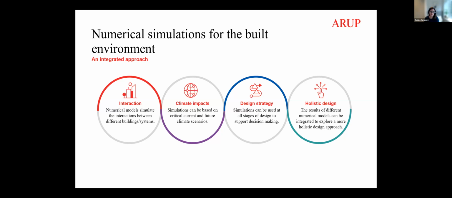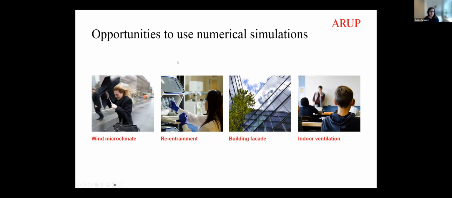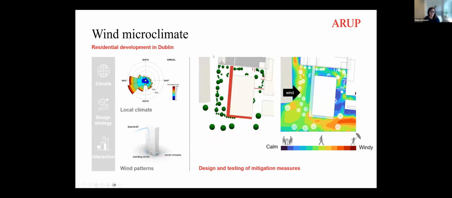This is just one of the many examples that we can find to see how these processes are combined. So I wanted to just go through four different situations where having numerical simulations have really helped to respond to design questions that otherwise wouldn't have been very easily solved with simpler methods. And so I'm just going to go through those briefly.